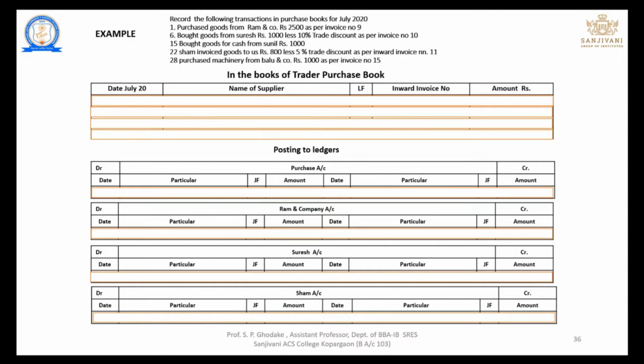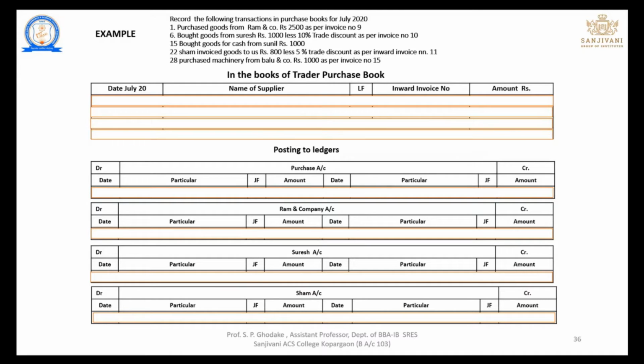The example is very simple. Record the following transactions in the purchase book for July 2020, and there are 5 transactions given. The first transaction is purchase of goods from Ram and Company, rupees 2500 as per invoice number 9. Then on 6th July, bought goods from Suresh, rupees 1000 less 10% trade discount as per invoice number 10.